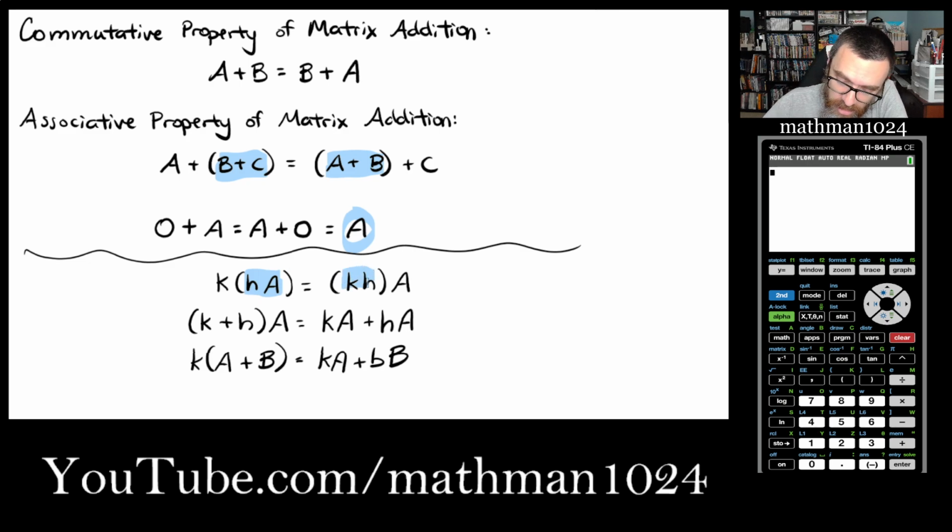Or I can multiply the two scalars first before I distribute that to all the entries in matrix A. Or in the one below that, if I have the sum of two scalars, I can add them, then multiply, or I could distribute the matrix A to both and do K times A, H times A, and then add those. And then you have what amounts to the distributive property down here. You could add matrices A and B together first, then multiply times K, or you can multiply each of them times K and add the results.